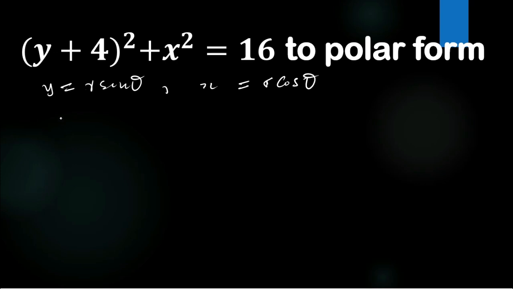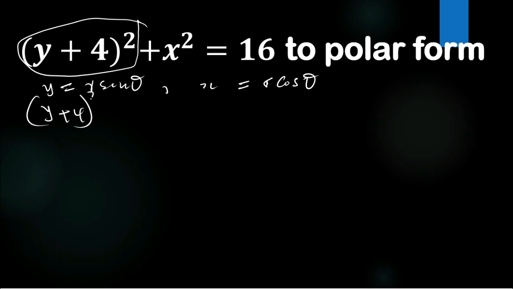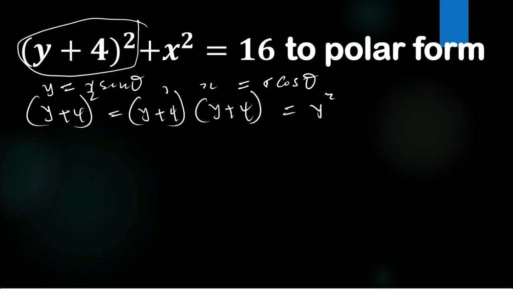But before we start replacing, I want us to break this part of the equation down. If I expand y plus 4 all squared, it is the same thing as y plus 4 into y plus 4, which is y squared plus 8y plus 16.